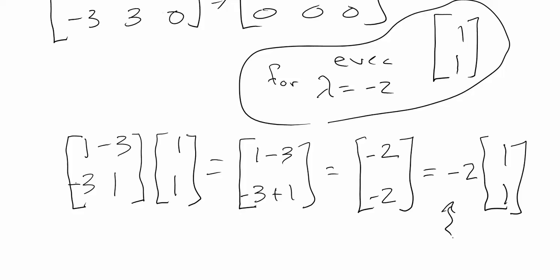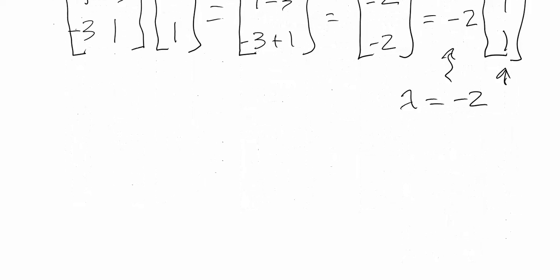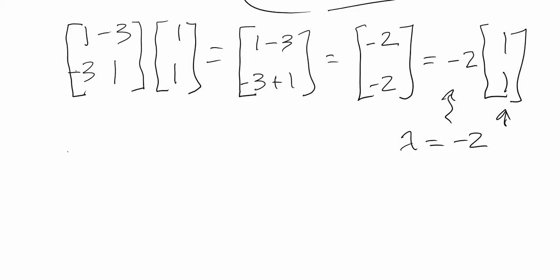This shows us that our lambda is equal to minus 2, and we have the original eigenvector back. So in fact, we've demonstrated that indeed 1, 1 is an eigenvector, and the eigenvalue associated with it is minus 2.